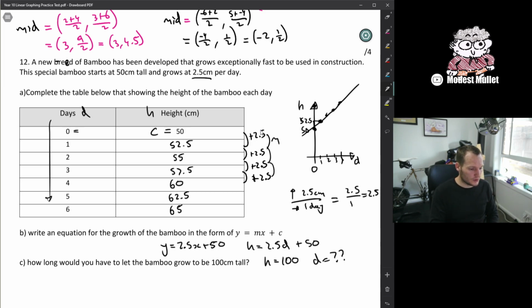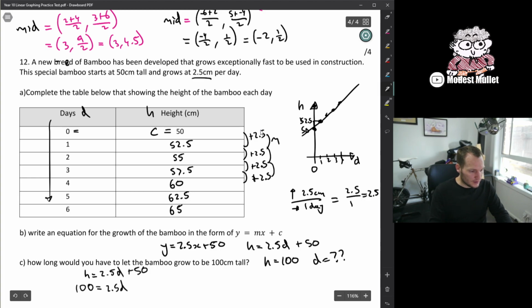That could work, or we could just go, well, we've got an equation, h is equal to 2.5 per day plus 50, and I know the height's going to get to 100, so I can put that in. So I get 2.5 days plus 50, and then I can start rearranging this by using our algebra skills.